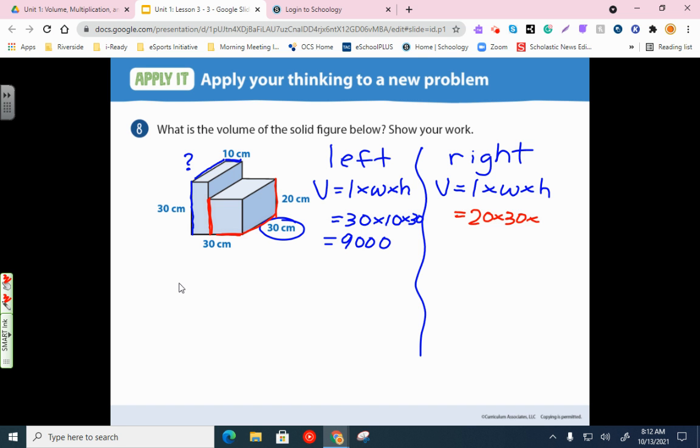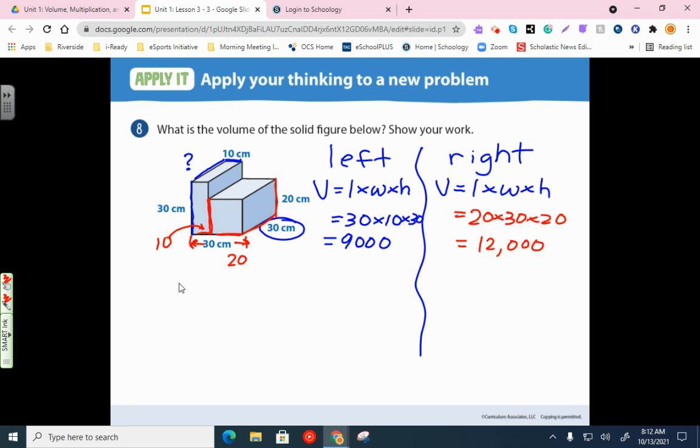Now, the grand total of this is 30 centimeters. This piece right here, that is 10. So if you take 10 away from 30, we know that that's going to be 20. So 20 times 30 times 20 is going to give us 12,000.